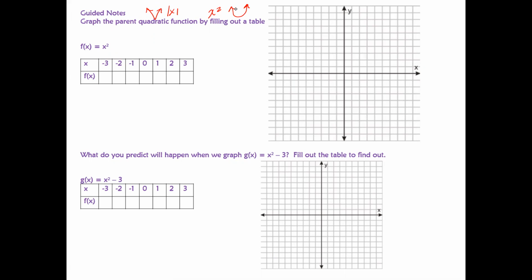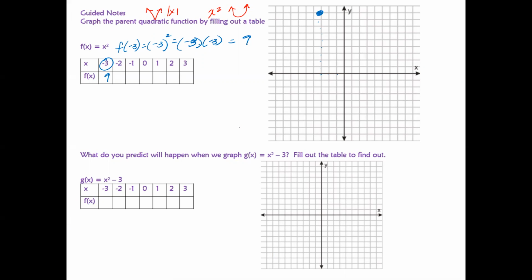So if x is equal to -3, you have f of -3, which is -3 squared, and that's -3 times -3, which is +9. So then at -3, you go up 1, 2, 3, 4, 5, 6, 7, 8, 9. That's your first point.